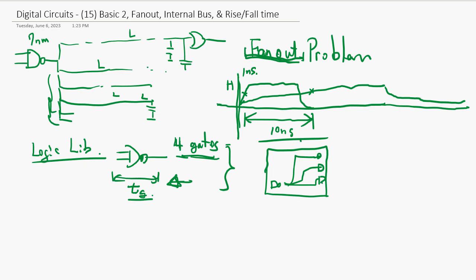The library usually has a no-function buffer that provides a large fanout, where it can drive 10 gates, and the delay is such and such. That is for an average of 10 gates, but if all 10 gates are far away, then again it's going to be an issue.